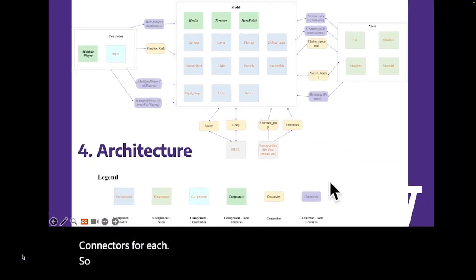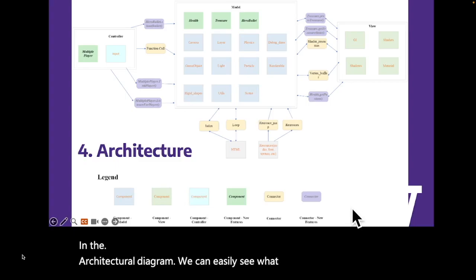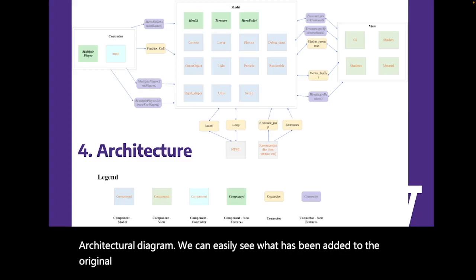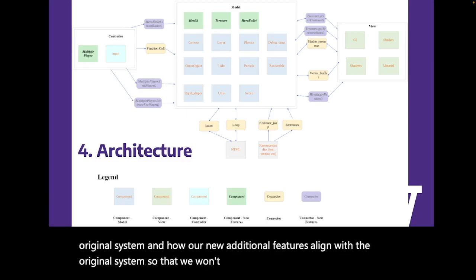So in the architectural diagram, we can easily see what has been added to the original system and how our new additional features align with the original system, so that we won't suffer degradation of the architecture.